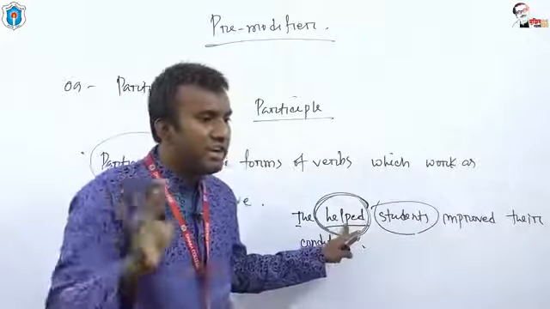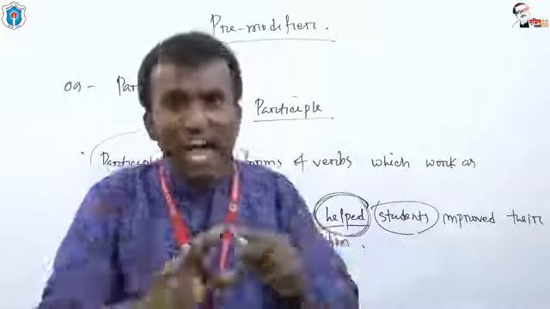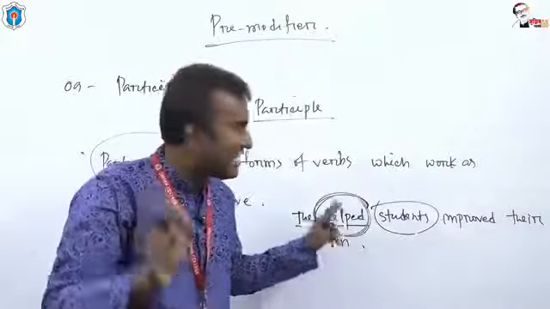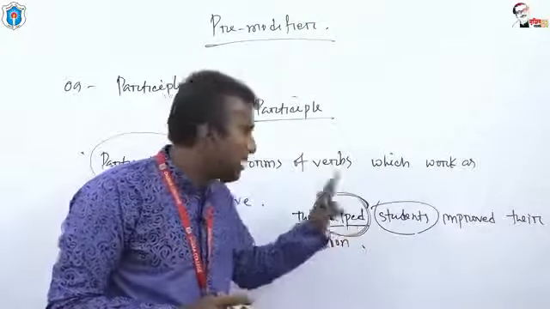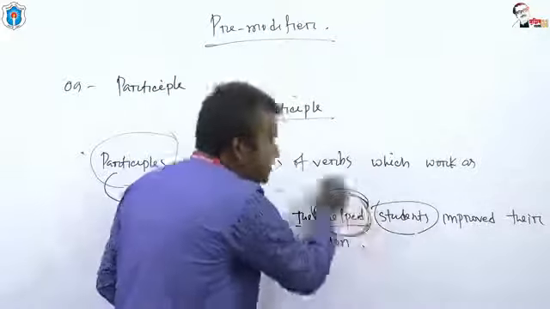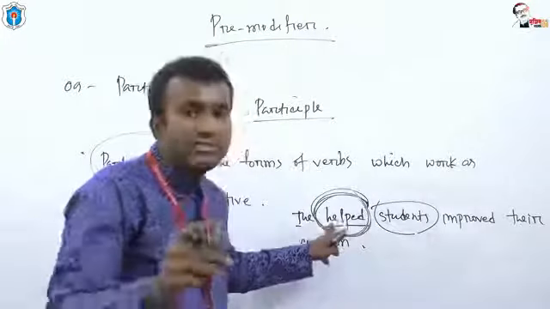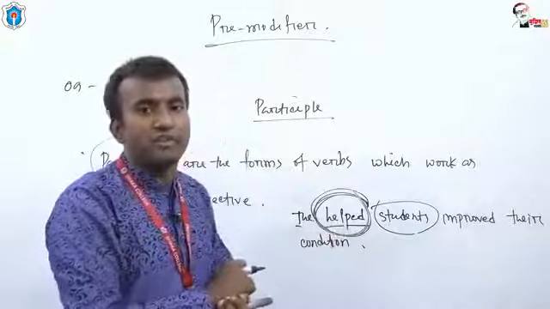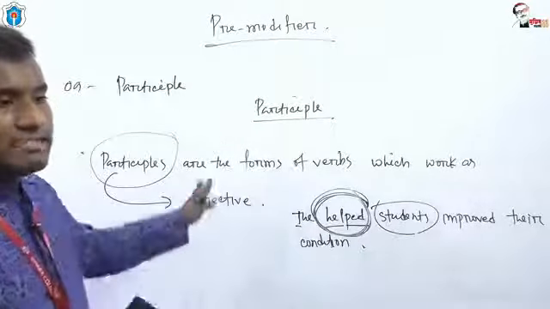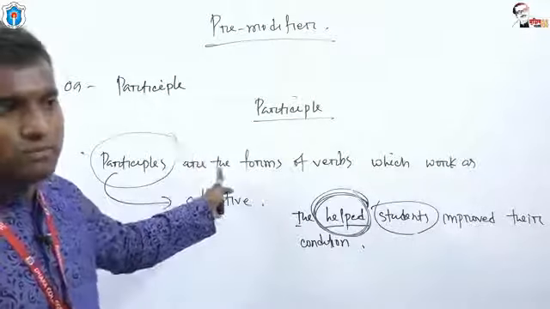I don't know which participle this is, but I can say that this is a participle because it modifies the noun and has come from verb. Helped is the past participle form of the verb. If you have any question, please write in the comment box regarding this issue.